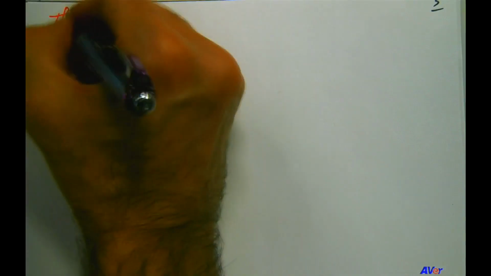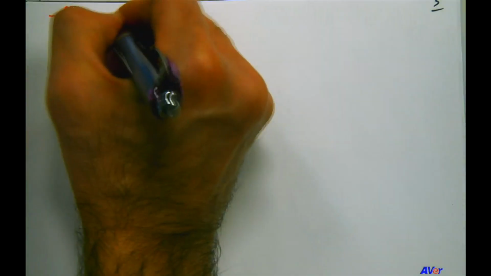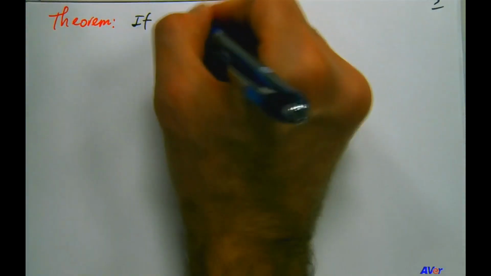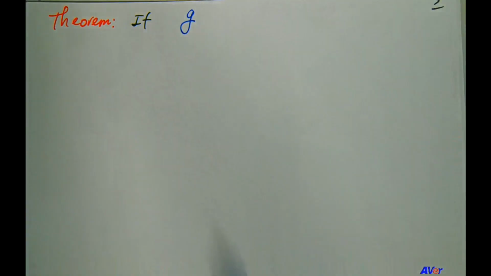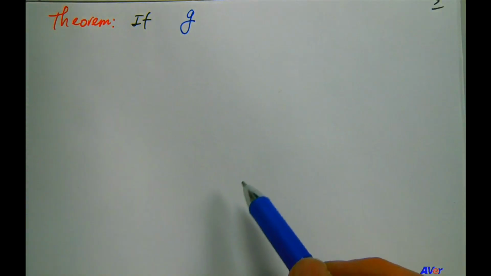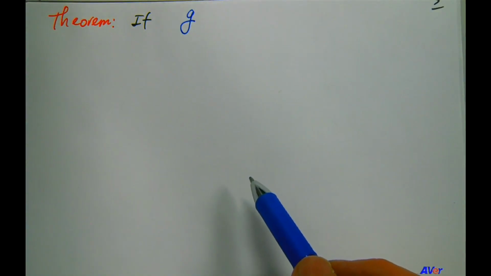Here's a theorem. We can look at it as a note, but it's more important than a note. So it is mentioned as a theorem in your book. We talked about combining functions and their continuity, and now this theorem is about composite functions.